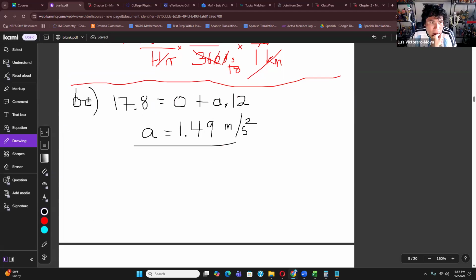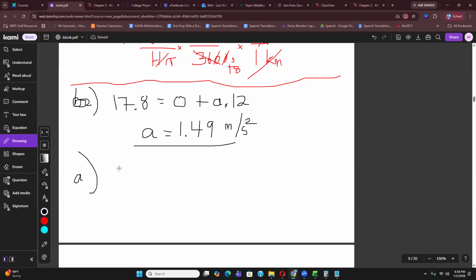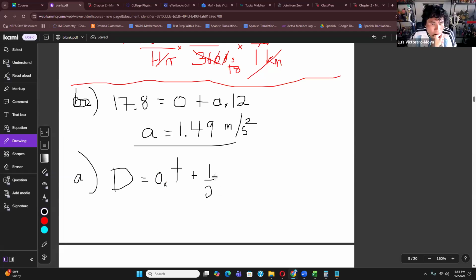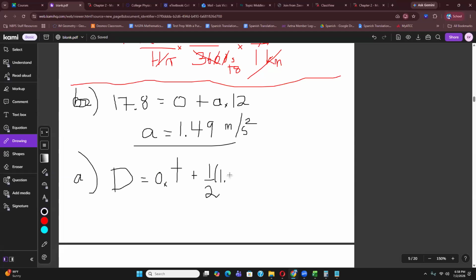That's part B. And to find the distance, you use what equation? The distance formula, so it's x equals v initial times time plus 1/2 a t squared, and v initial is 0. So it's just 1/2 times 1.49 times 12 squared.